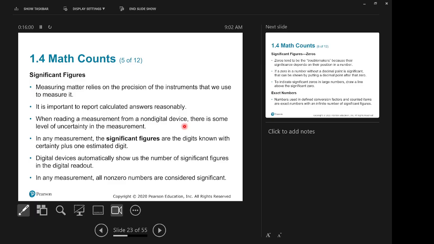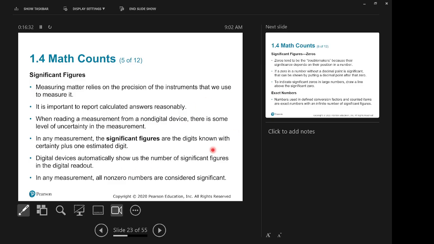I'm actually not uncertain about this measurement here, am I? It's past that. 100% past that. No uncertainty at all. I'm uncertain about halfway in between that. Okay? And that's the difference between a digital and an analog measurement. Digital measurements will give you that last digit for you, and you don't have to think about it. Analog measurements, you have to think about a little bit.